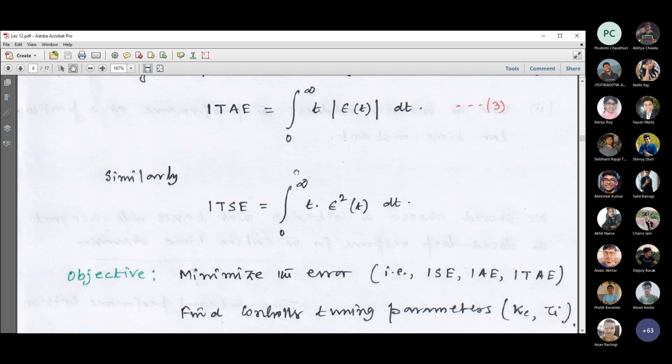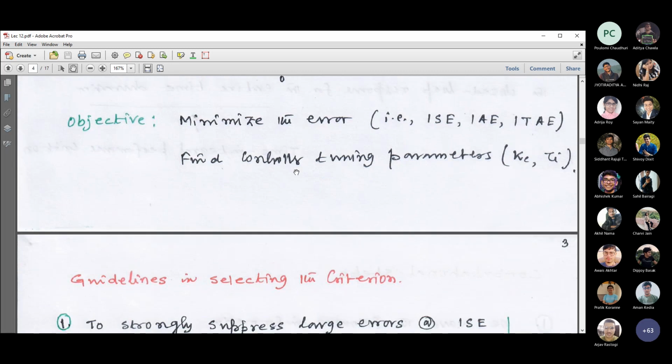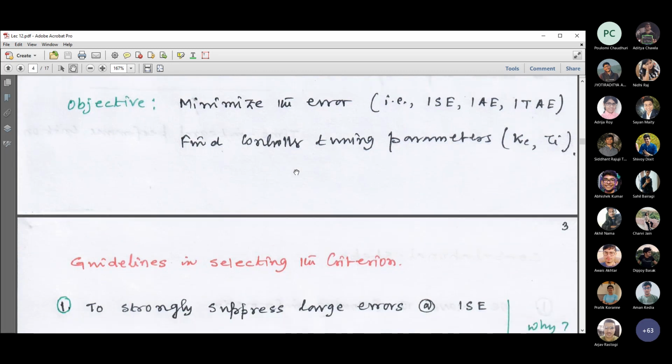Now we have discussed a total 3 or 4 criteria. Question is which one we should select? Let us discuss that issue now. Guidelines in selecting the best criteria. So at first it is written, if you would like to strongly suppress large errors, you go for ISE criteria.